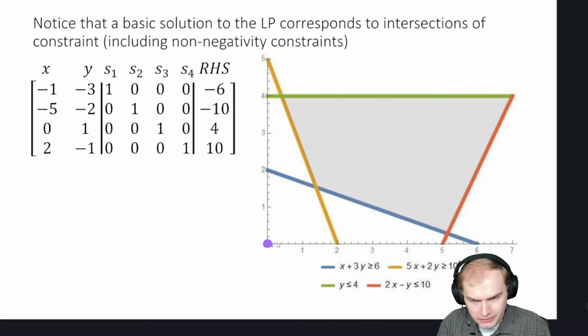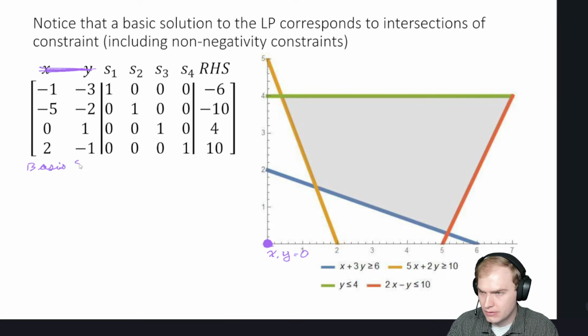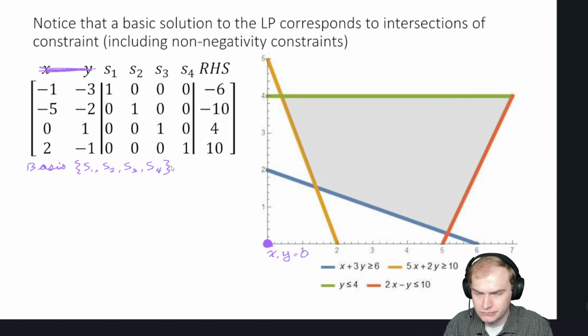So we have x and y equal 0. So they're going to be our non-basic variables. So this is our basis. It's just S1, S2, S3, and S4. So we're left with this augmented matrix.